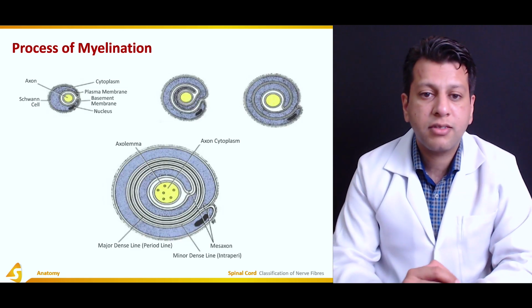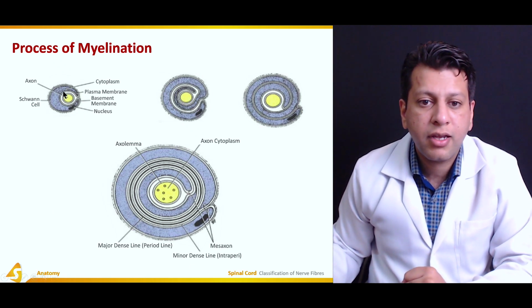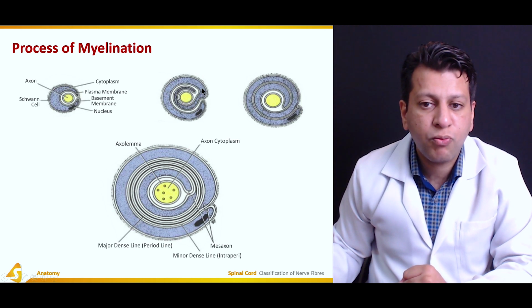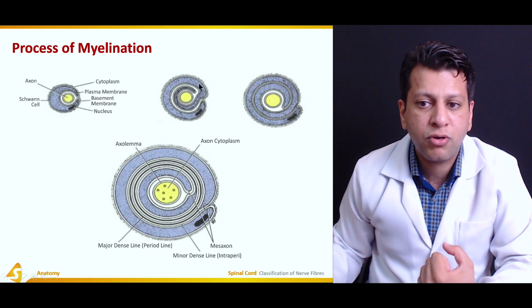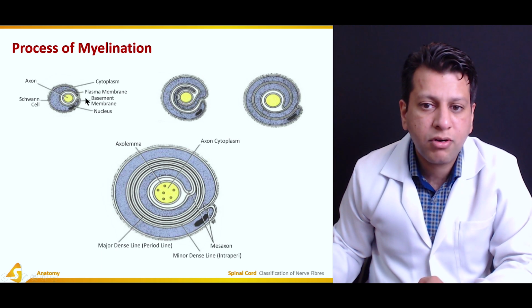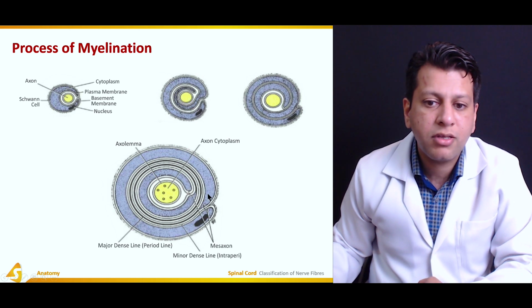Now this is an example of a single axon, and Schwann cells initially start surrounding it, and then it is swirling around. It's weaving around this axon and keeps on rotating, and eventually, as you can appreciate, not only is the number of sheets increasing, but similarly the diameter is also increasing.